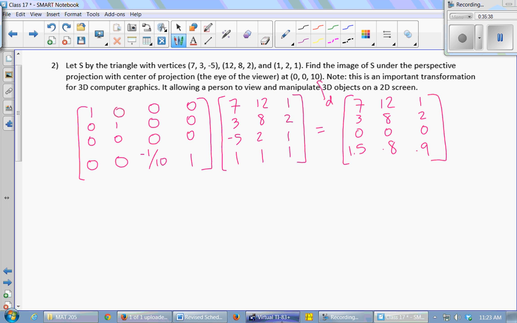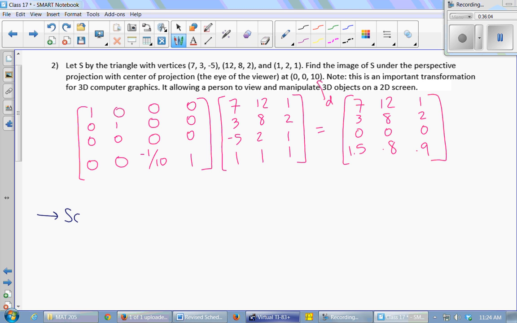These don't quite have the form that we want. We want these to come out as x star, y star, something, 0, 1. So I'm going to scale each of these vectors by 1 over the thing in the fourth entry. For 7, 3, 0, 1.5, divide every entry by 1.5.